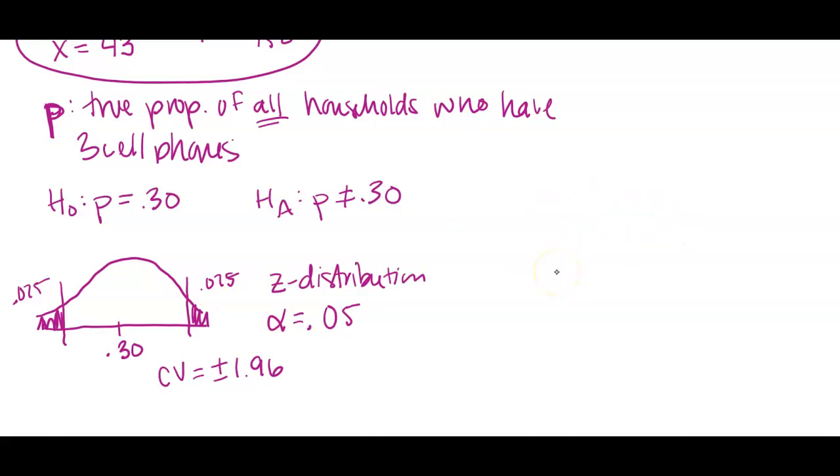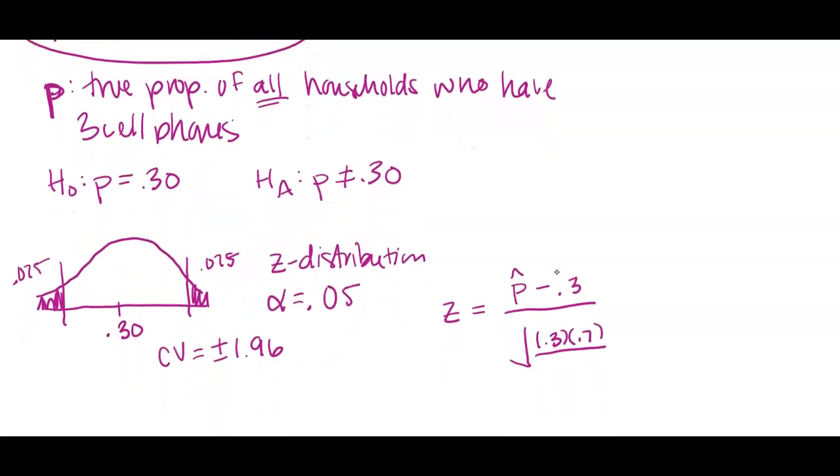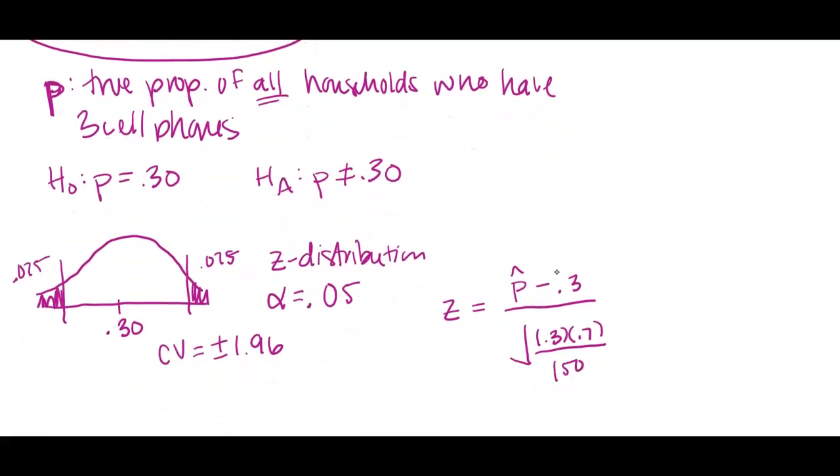All right, our z is going to be that p hat that we'll calculate minus 0.3 all over the standard deviation calculation, which uses what was our n, 150, right? It uses the center of this distribution that we think is true, the one that we are assuming is true.